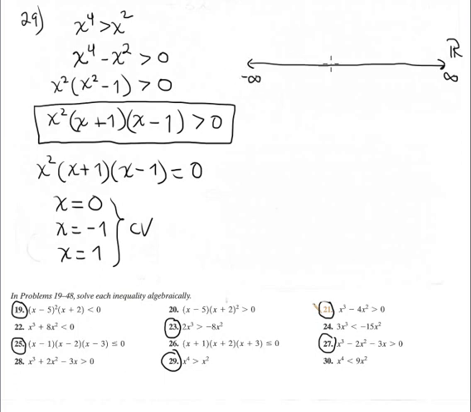And we select the testing points. Good testing points are negative 2, negative half, positive half, and 2.